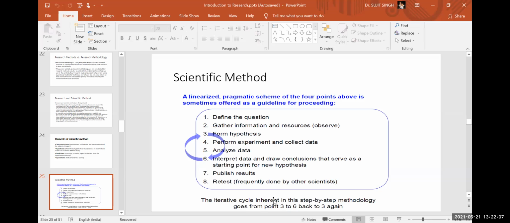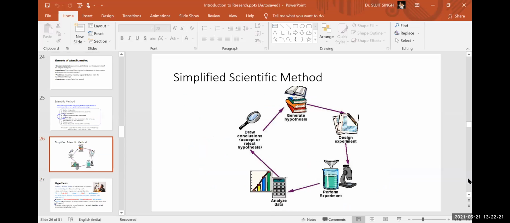So the iterative cycle in this step by step methodology goes from 3 to 6 to 3. This is the iteration. Okay. So this is the scientific method. In simplified form, we can say: generate hypothesis, design experiment, for our case, engineering case.